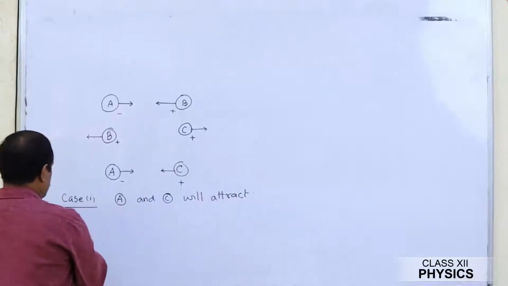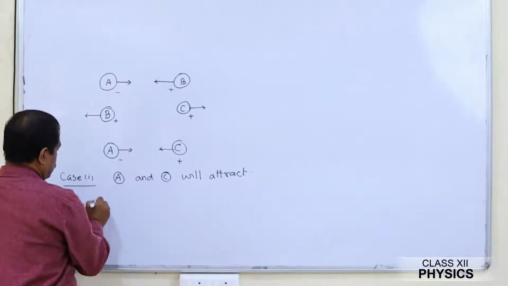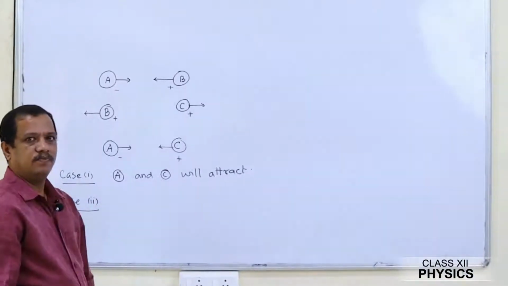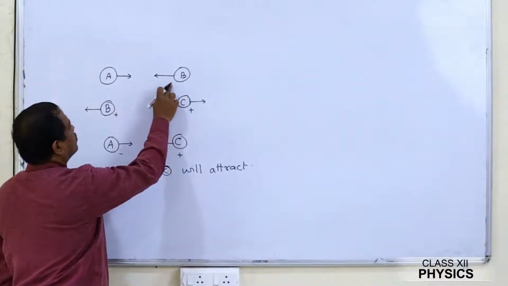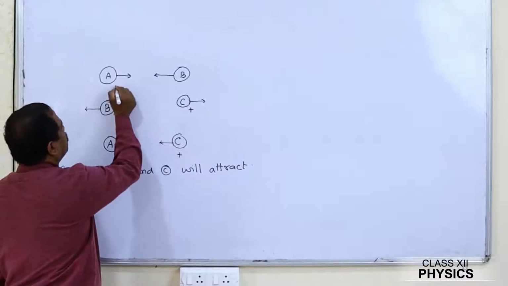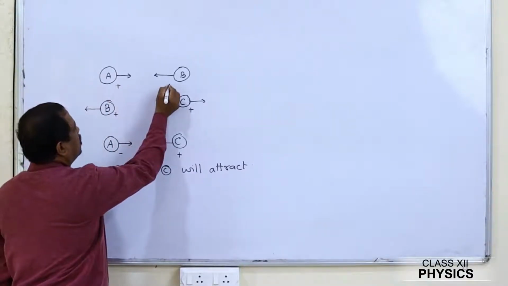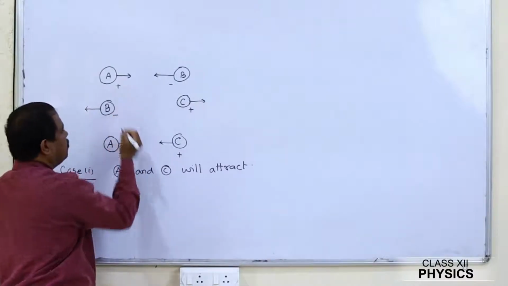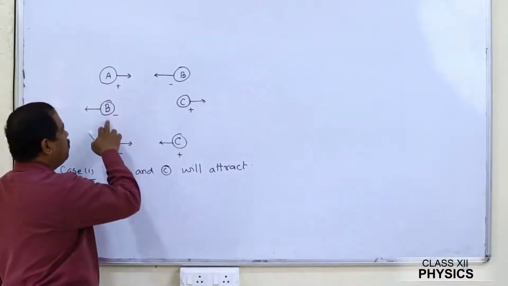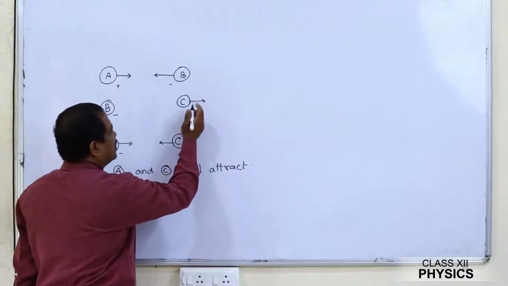If I look at case 2, let us switch charges. These two are attracting. So this time body A is positive and body B is negative. Body B is negatively charged, and for body B to repel C, C must have negative charge.